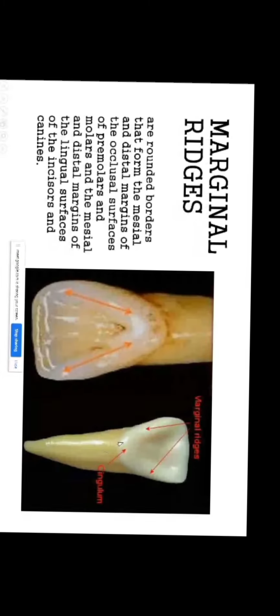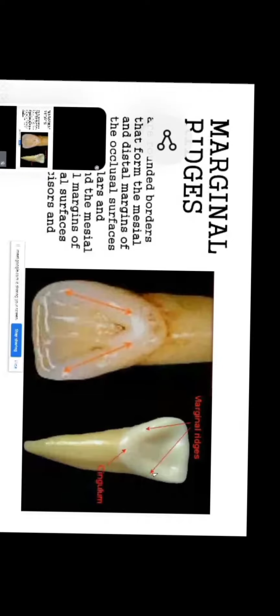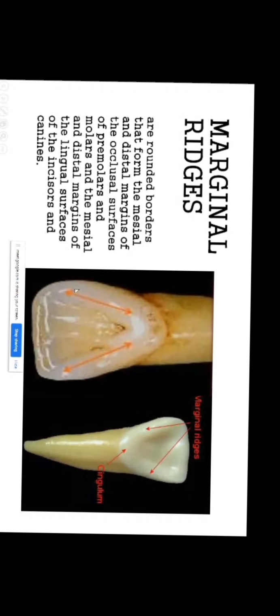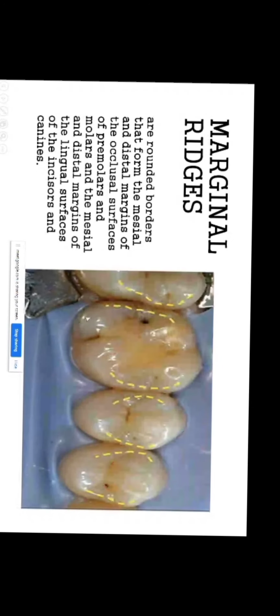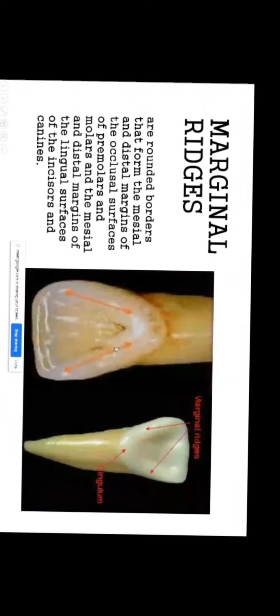There is still an elevation on the proximal, mesial or distal. These are marginal ridges. Again, to repeat: marginal ridges of the posterior are on the mesial and distal of the occlusal surface. With the anteriors, on the lingual surface, you also have elevations. These are marginal ridges.